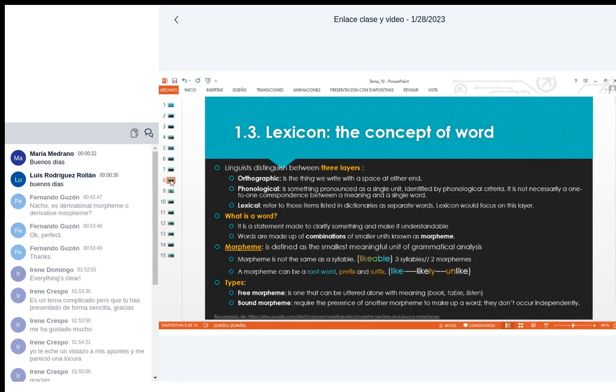This is the case in English, for example, of the TH, which has 2 graphemes, T and H, but is associated with one phoneme, the th, the fricative or dental. Then the third layer would be the lexical, referring to what the word would mean, and they're listed as separate words in the dictionaries. So that would be the meaning of the word itself.